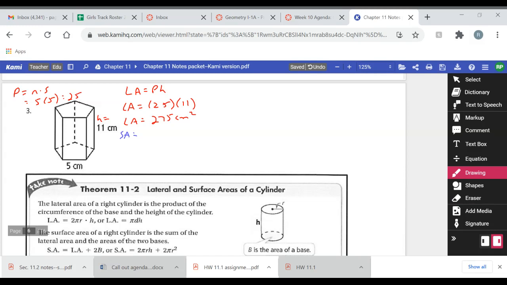You know, sometimes people here will write pH plus 2 capital B. Sometimes they write just the lateral area plus 2 capital B. So either way is fine. And from there, the lateral area I just found is 275 plus 2 times capital B. So capital B, I'm going to do off to the side here.